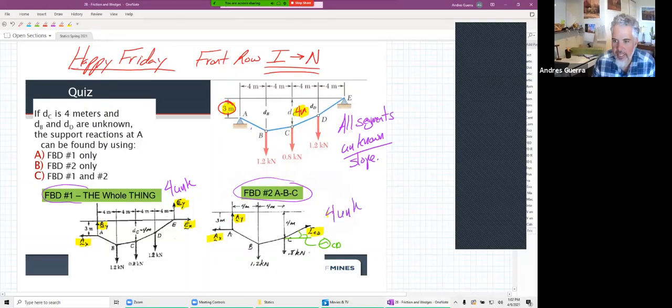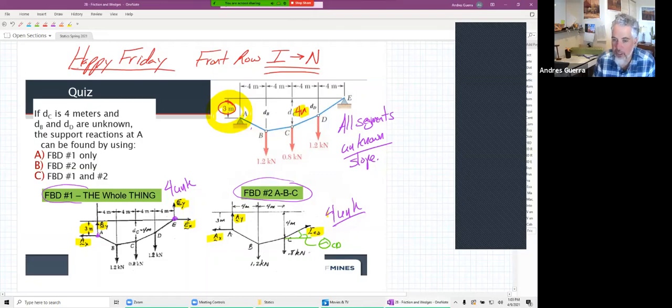Now there is not a single FBD in this whole thing with only 3 unknowns, at least when we're starting off. But the reason we're looking at these 2 FBDs in particular is because we can utilize the 2 vertical distances that were given. That 3 meters is the vertical distance between A and E, which are the 2 points where we have our unknowns.